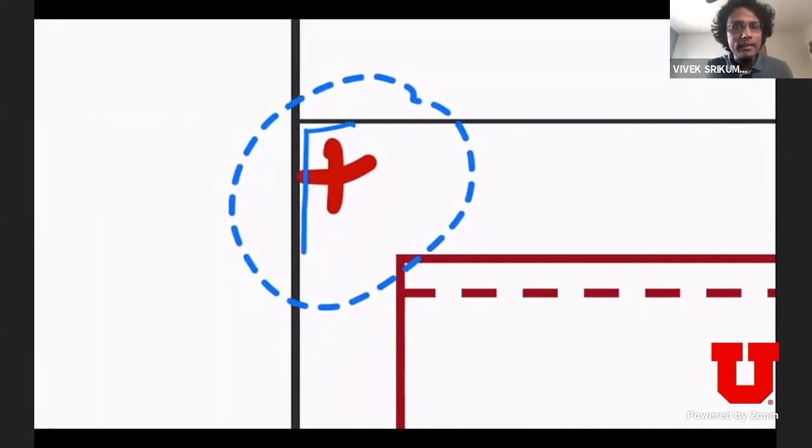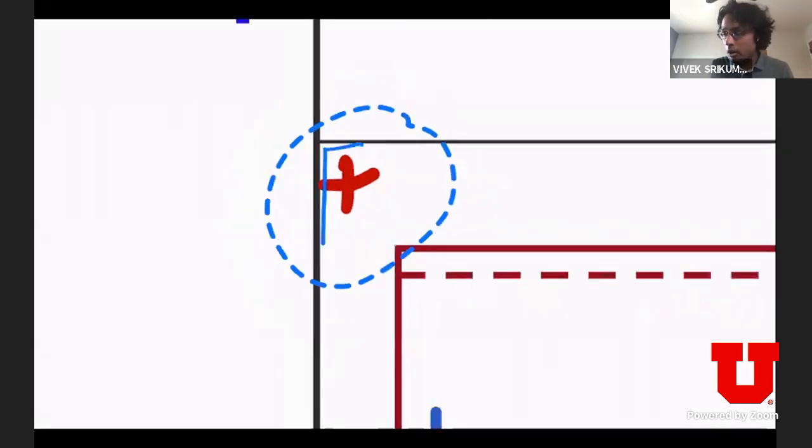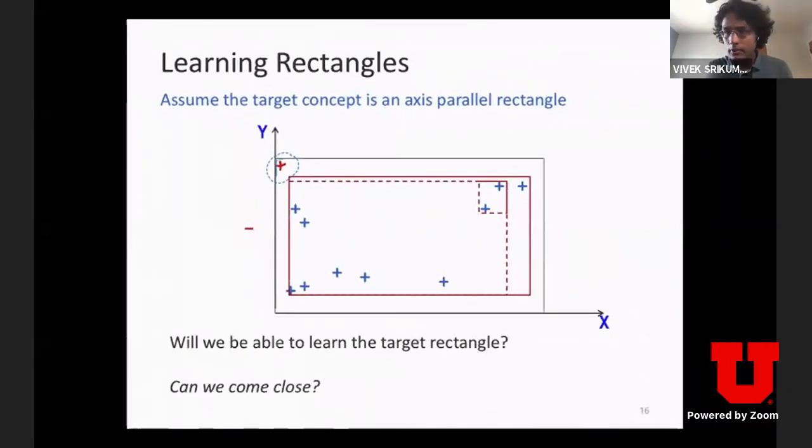It may seem like it's the same rectangle, but there will always be a gap unless the point is exactly on top of the rectangle. So we can come close to it, but other than the situation where we get a training point on the boundary, it's extremely unlikely.